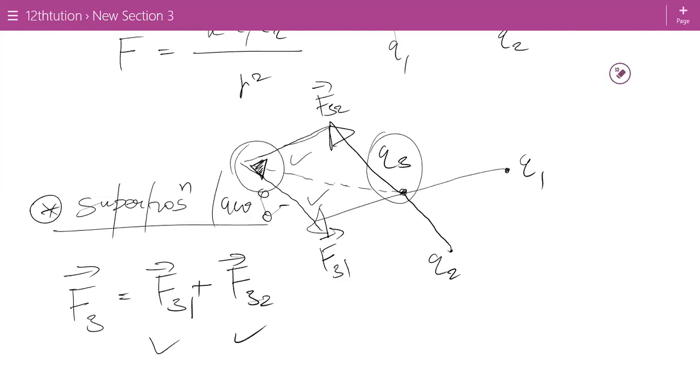This will be the F3 vector, the force on the third charge due to all the other charges. Write it, it is very important. Superposition law. But it is very simple. You just have to add two vectors. That's what it says.